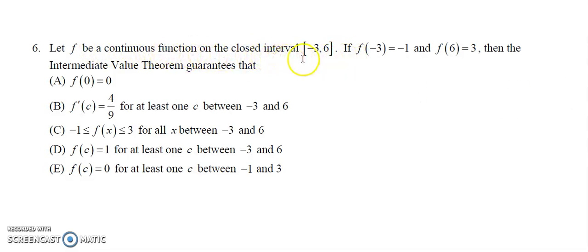So continuous function, that means IVT works good. So any place between, so that means f takes on all function values between -1 and 3 in between x equals -3 and 6. Nothing else. We can't guarantee anything else. We don't know.